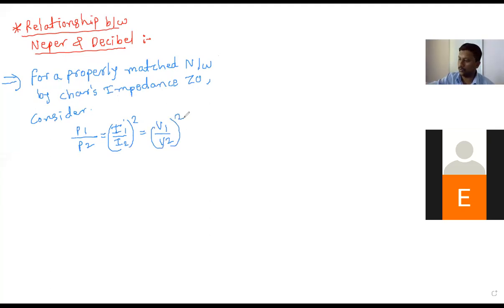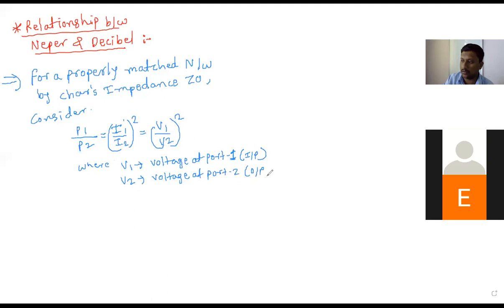You can use this relation, where V1 is the voltage at port 1, which is the input port, and V2 is the voltage at port 2, which we can consider as the output port. So we consider this equation number 3.